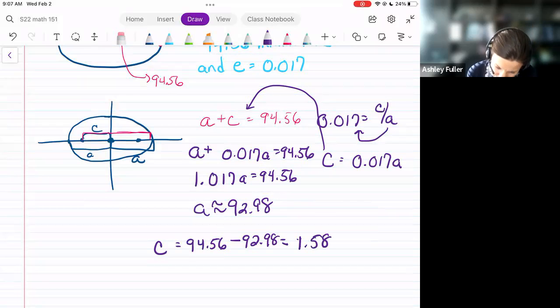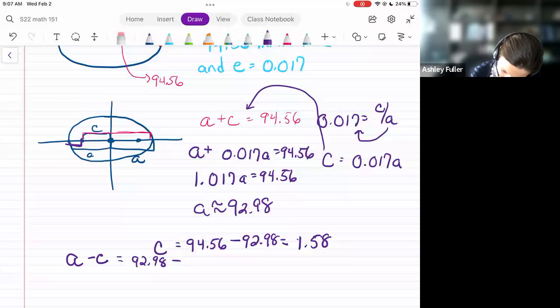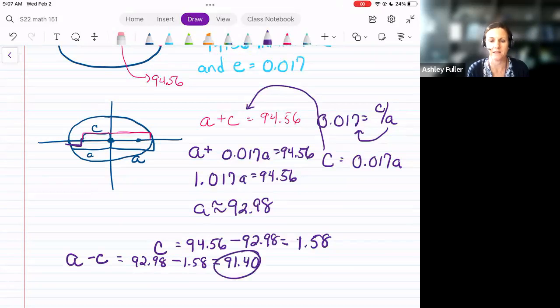So for the closest approach to the sun, we want to calculate this value right here, which is a minus c. And so we can take that a value of 92.98 and subtract the 1.58 value of c to get 91.40 million miles.